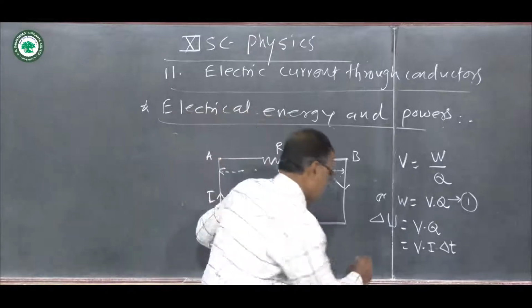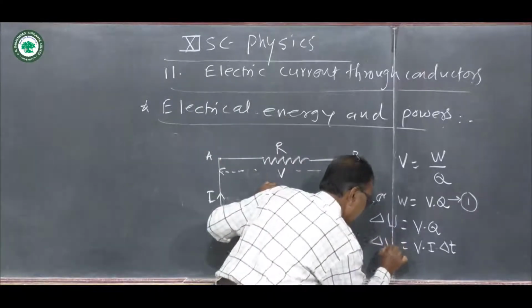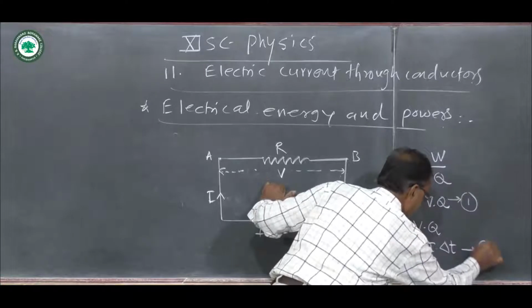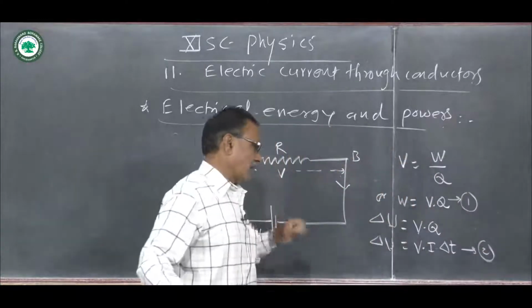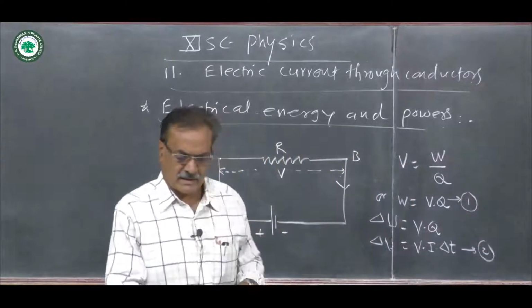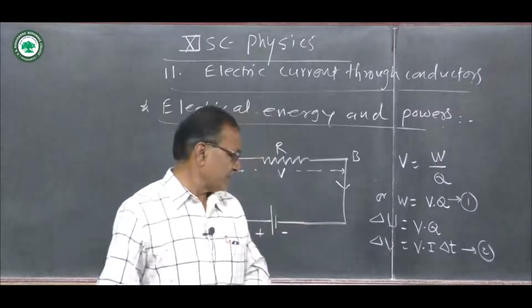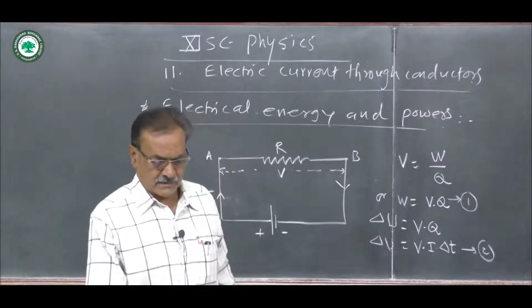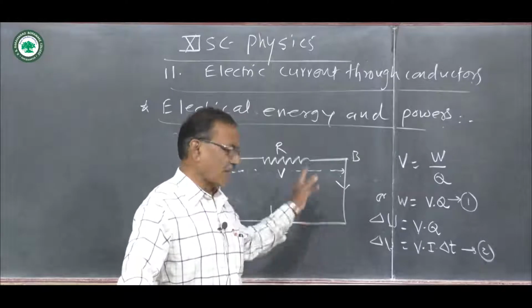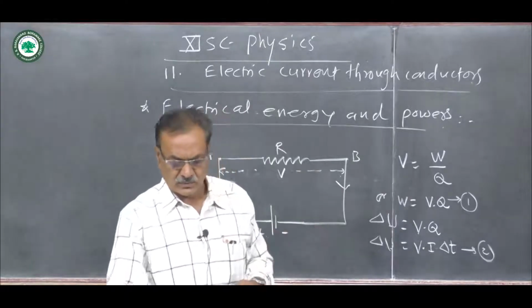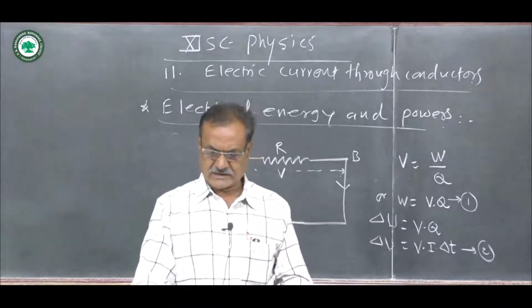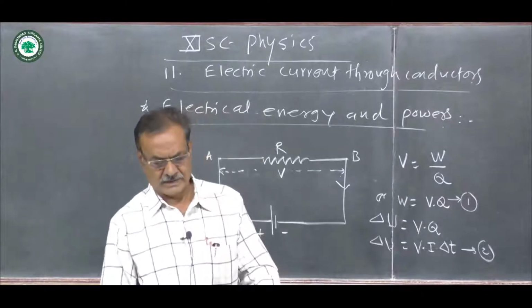This is equation number 2: delta U is equal to V I delta t, where I is the current due to charge Q flowing through the resistor in time delta t.